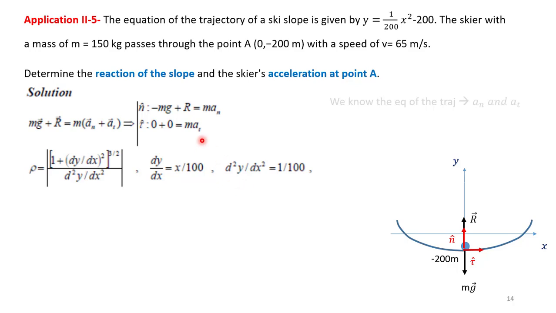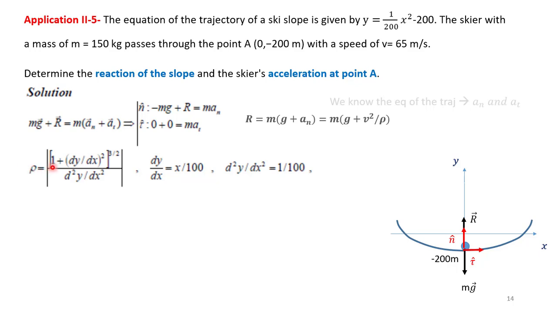Let's find the reaction of the slope r. So we can write that r is equal to mg plus m an, where an is equal to v squared over rho, where rho is the radius of curvature. What is the radius of curvature? We can use this formula to find the radius of curvature rho.